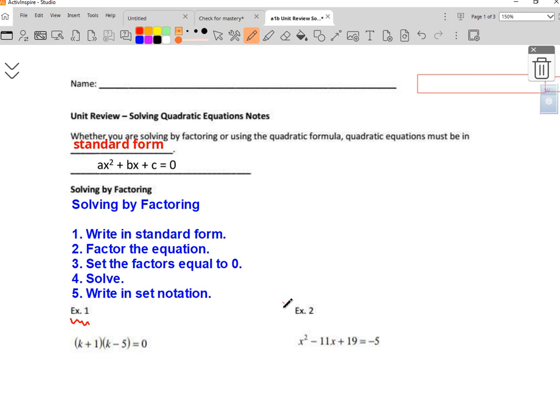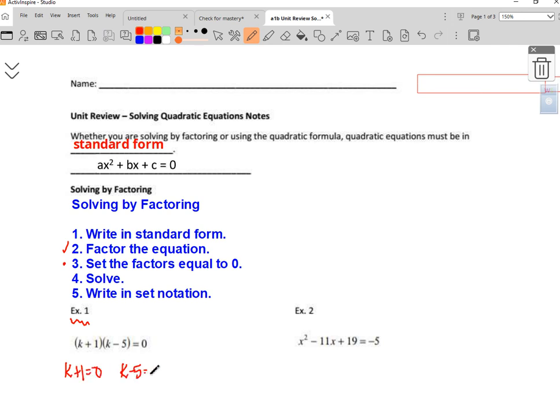Example 1, this one's already factored. This is a review unit. So it's already been factored, so we get to start on step 3. It's going to be k plus 1 equals 0 and then k minus 5 equals 0.